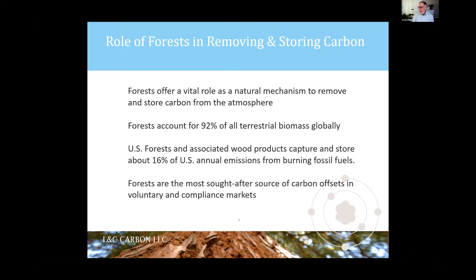And I think part of that has to do with people having a natural attraction to forests, and they like the idea of doing something that has some tangible benefit, as compared to buying methane offsets where you're putting manures in digesters. It's kind of hard to hug one of those digesters, but people do have a tendency to like to be out in the forest and appreciate the value of trees.